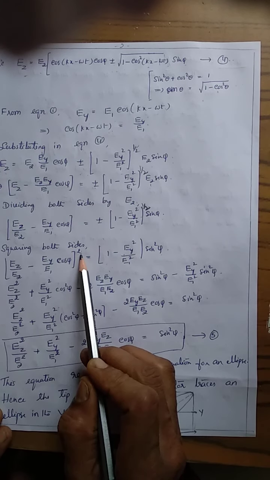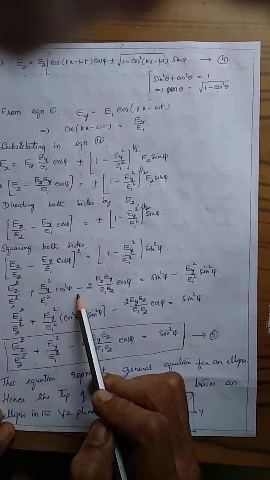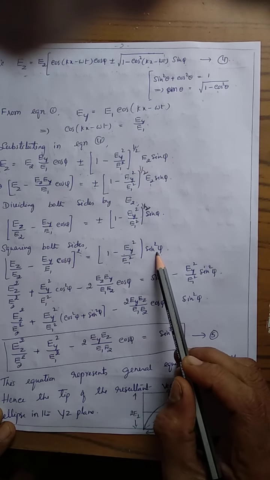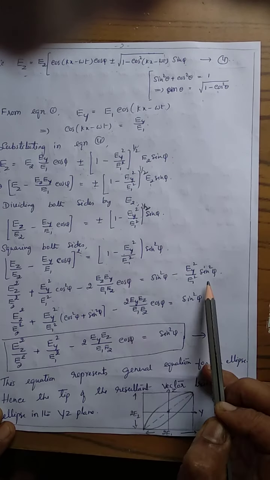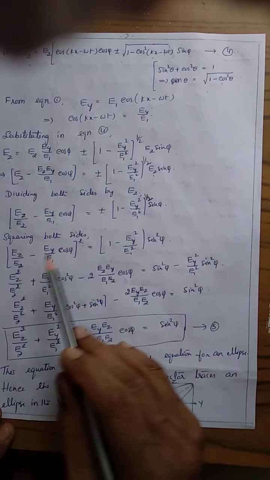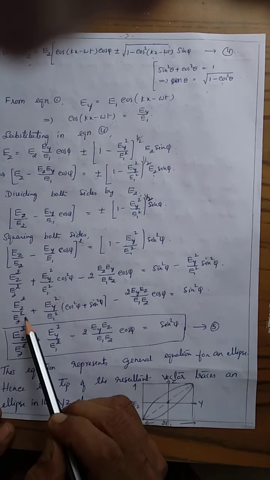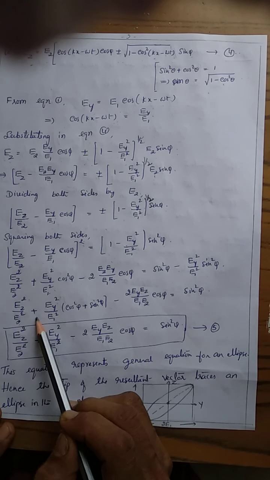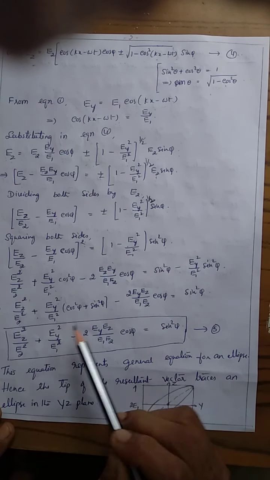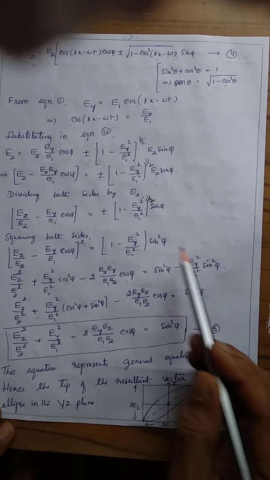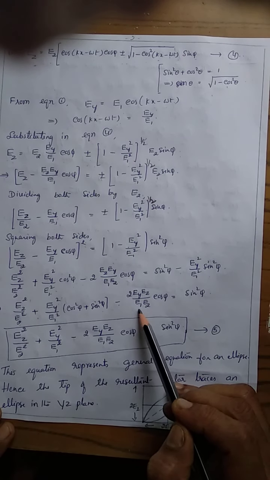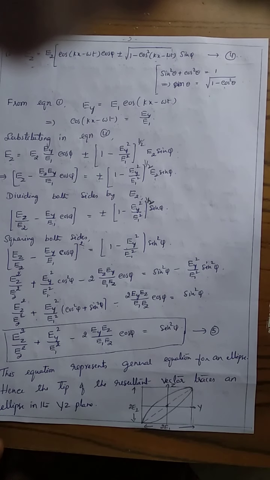See here, this whole square is of the form (a minus b) whole square, which is a square plus b square minus 2ab. You get this, equal to the right hand side, sin square phi minus this term into sin square phi. Take this term to the left hand side and club it with this: Ez square by E2 square plus Ey square by E1 square, common inside cos square phi plus sin square phi, and this comes here, minus 2 Ey Ez by E1 E2 cos phi, is equal to sin square phi.